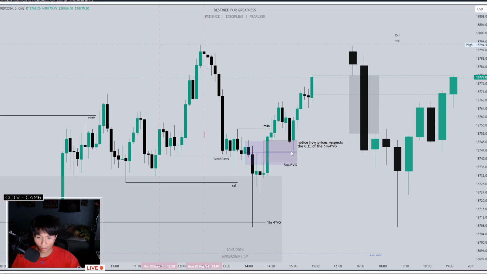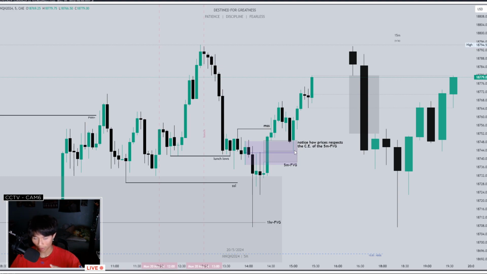Price retraces back into the 5-minute fair value gap with the market structure shift. So that 5-minute fair value gap becomes my fourth confluence that we're going to take out the hourly high. We retrace back into the 5-minute fair value gap and notice how we respect the consequent encroachment.